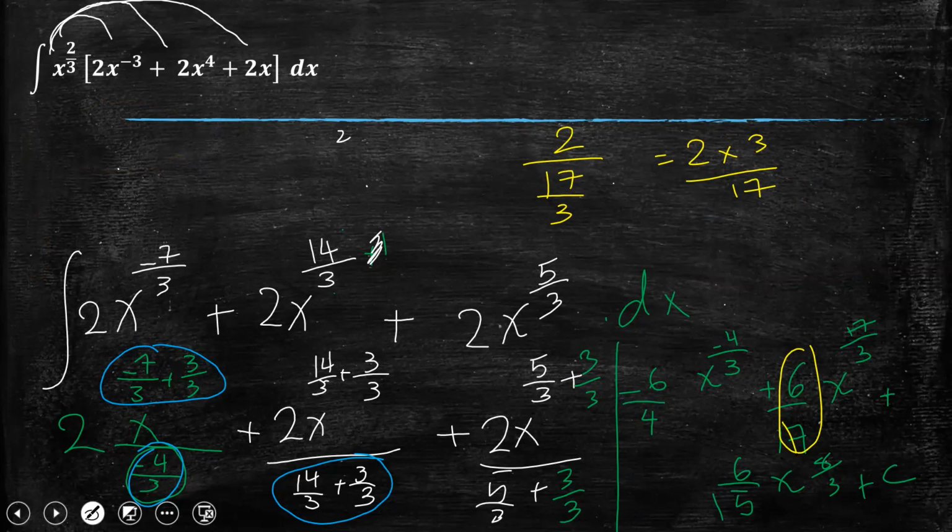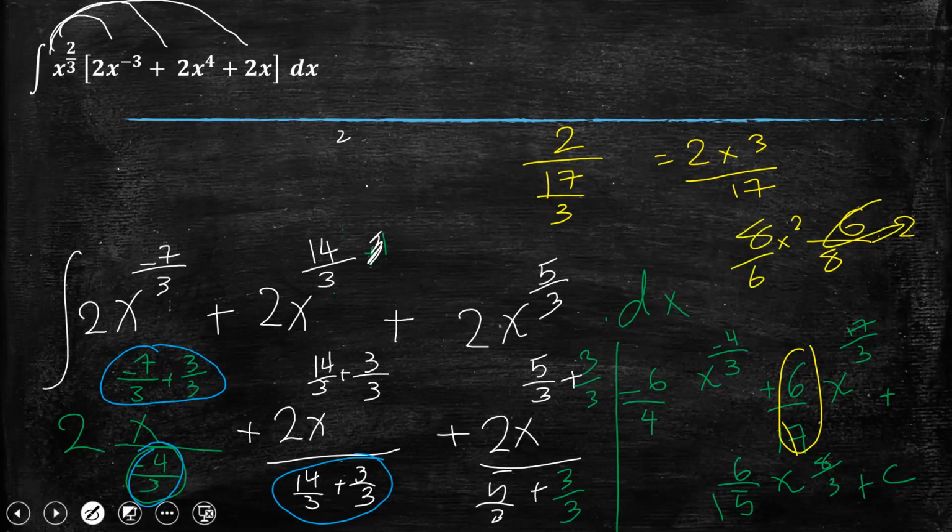Teacher, why 15, not 8? In the last one, 6 over 15, isn't it 6 over 8? It's 6 over 8 times 2, so it will be 8 over 6 times 2.